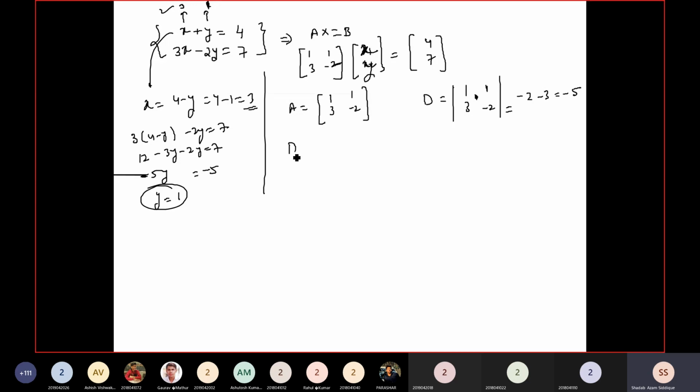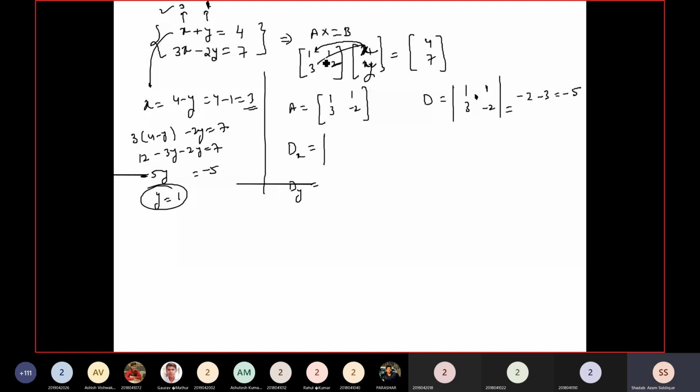Now try to find dx, the determinant for x, and dy, the determinant for y. For dx, in this matrix x is always multiplied with the first column.